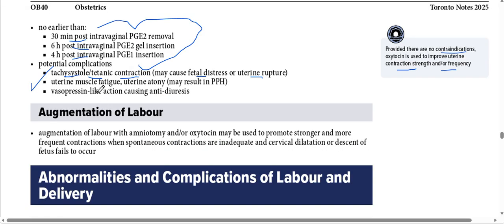Uterine muscle fatigue and uterine atony can happen, a major cause of postpartum hemorrhage. Fetal distress or demise can happen, and it can have a vasopressin-like action causing antidiuresis.